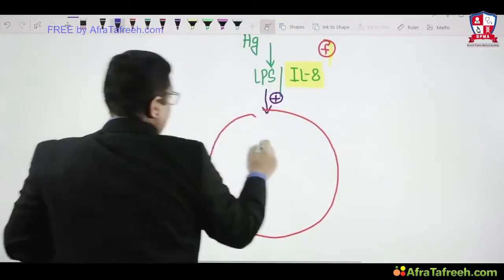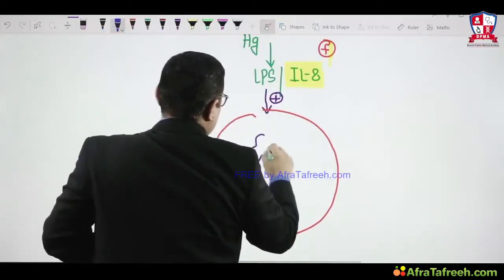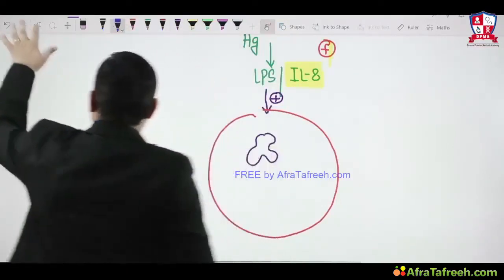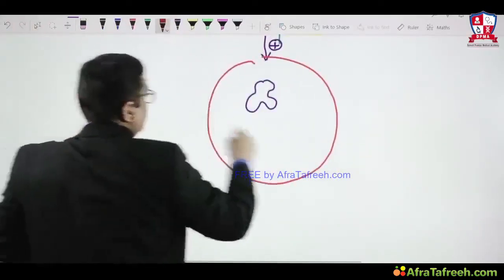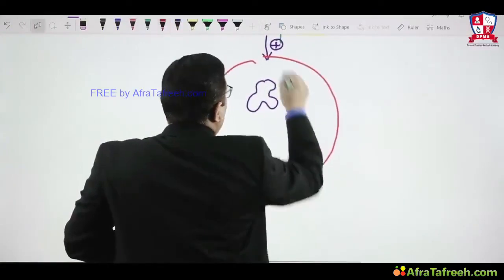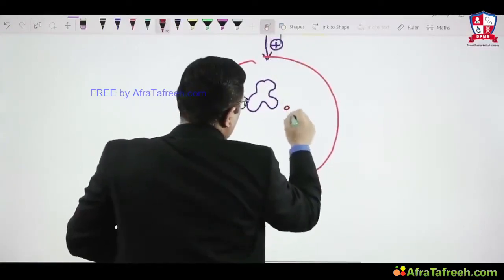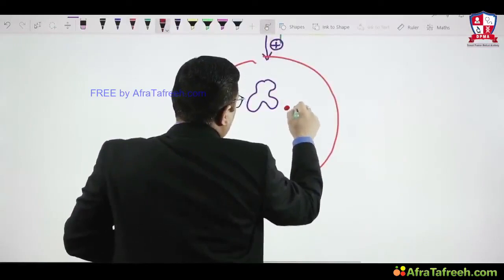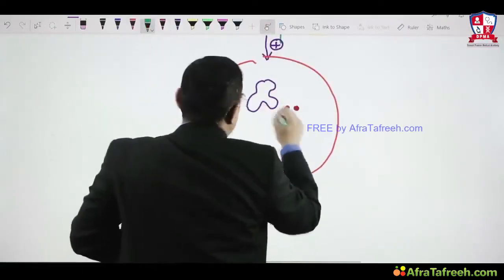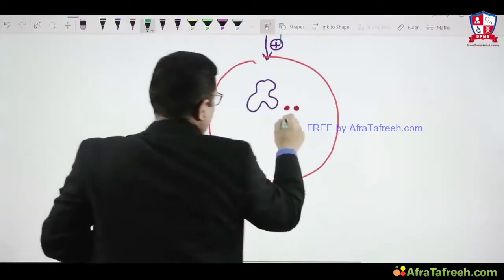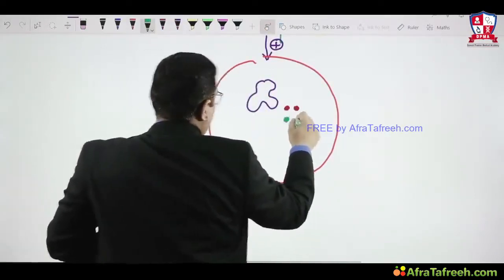And inside the neutrophil, as I am showing you here, this is the small nucleus. Just for understanding, I am making it a small nucleus, and we all know that neutrophil has granules, right? One type of granule I am making brown. There is another type of granule which I am making green.